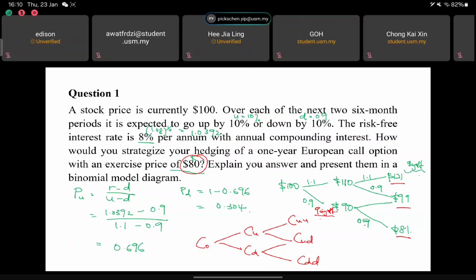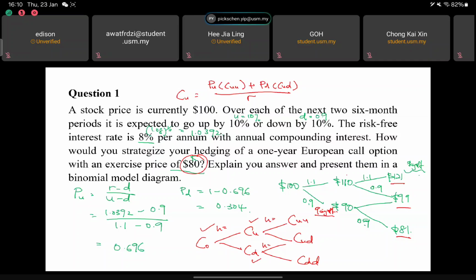Once you get the payoff, you can calculate CU, CD, and C0, using the formula. For example, CU is equal to the probability up times CUU, plus the probability down times CUD, divided by R. After you get CU, CD, and C0, remember you have to calculate the H ratio as well.